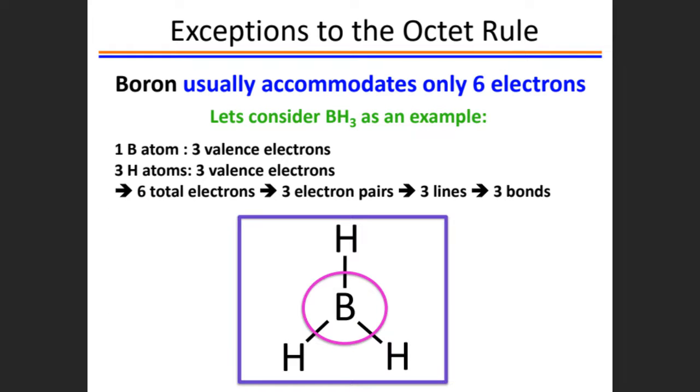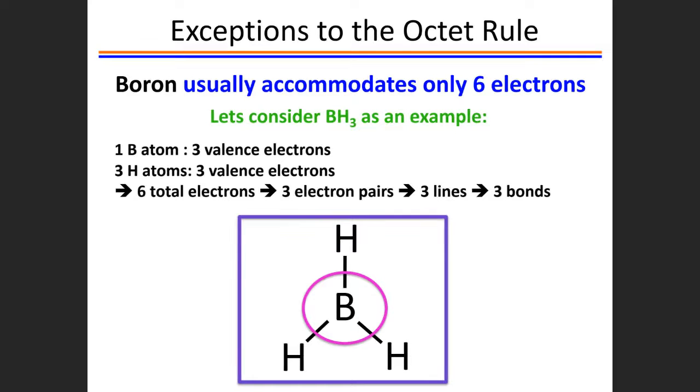Now we already know the octet and duet rule. However, we have some exceptions, and in these exceptions the compounds are stable. That's why I always tell you that in chemistry or science, you always find the normal things, where compounds maintain rules, but you will find exceptions that don't maintain the rule, but still they are working and stable.